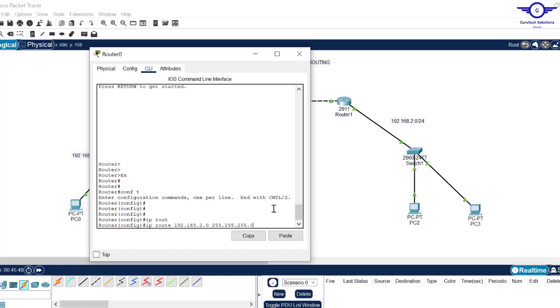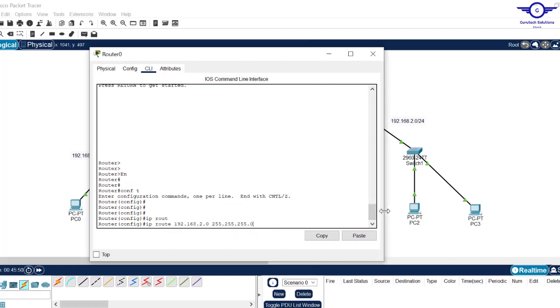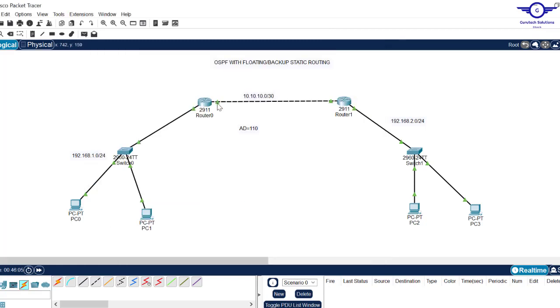Here we don't use a wildcard mask, since this is now a static route. Wildcard mask we only use for OSPF and EIGRP. We want any packet destined to this place to go through this interface, let's say gig 0/0. We can use the outgoing interface or the IP address of the next hop.